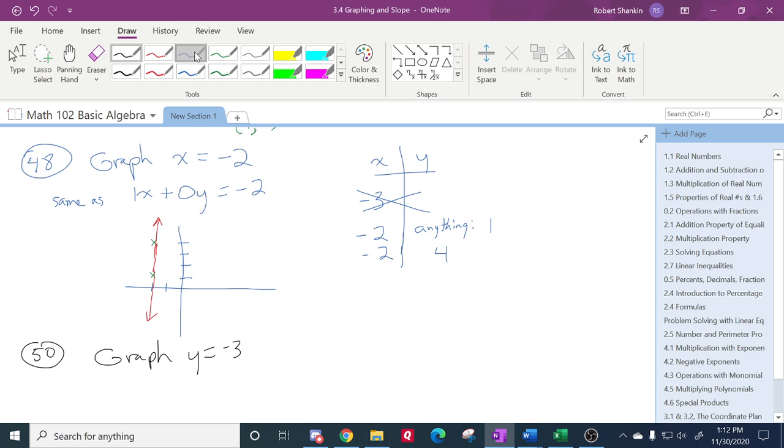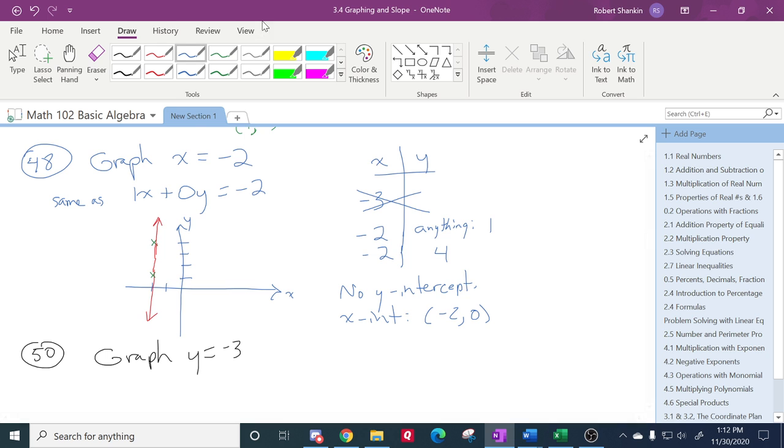Oh, and by the way, it said identify the intercept. There is no x-intercept. Well, no y-intercept. This red line never hits the y-axis. And the x-intercept is -2 to the left and 0. The opposite letter is always 0.